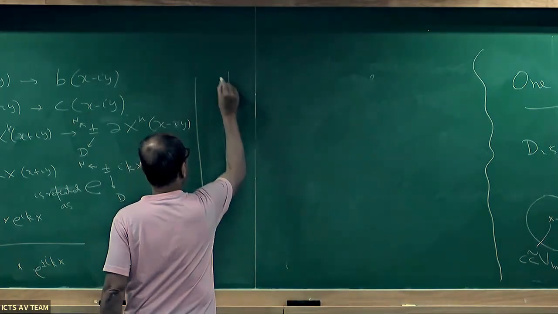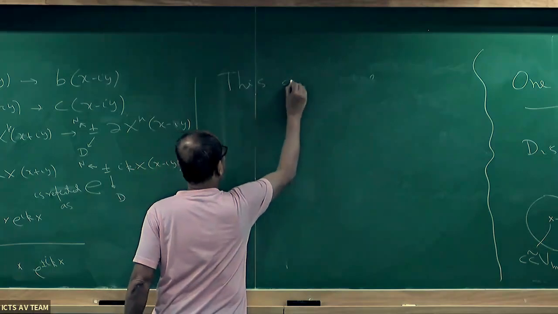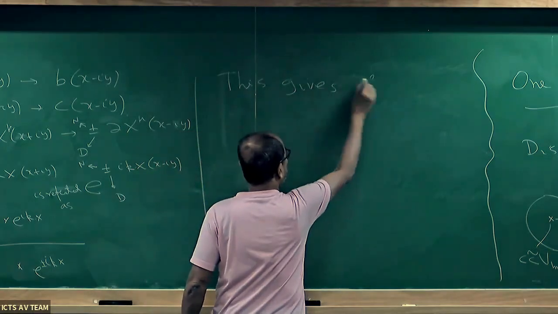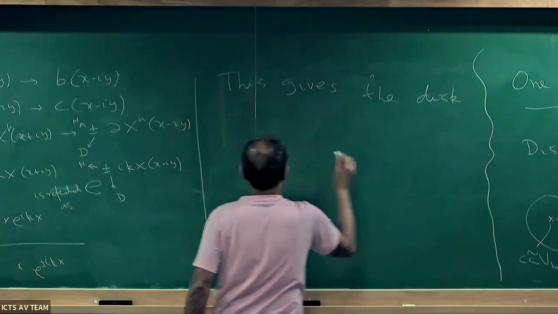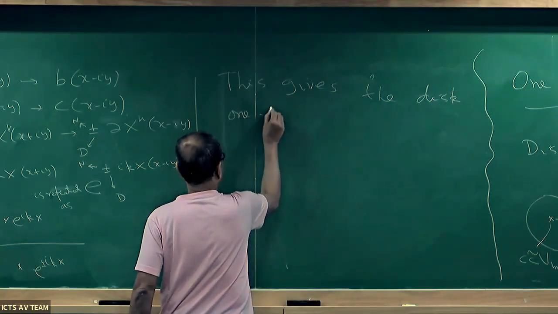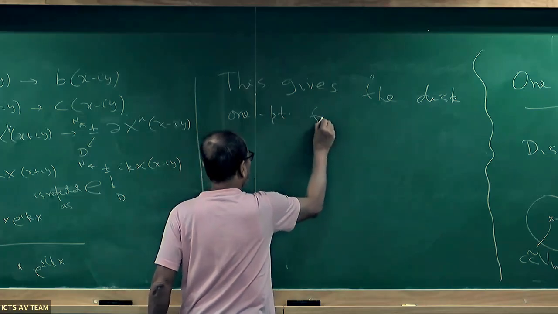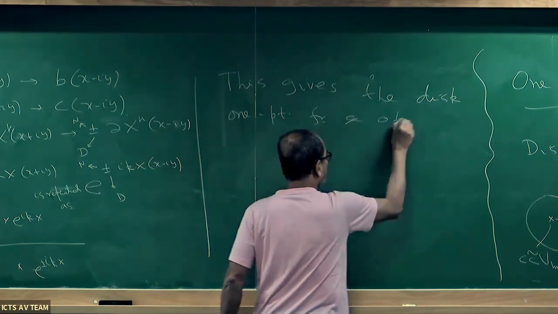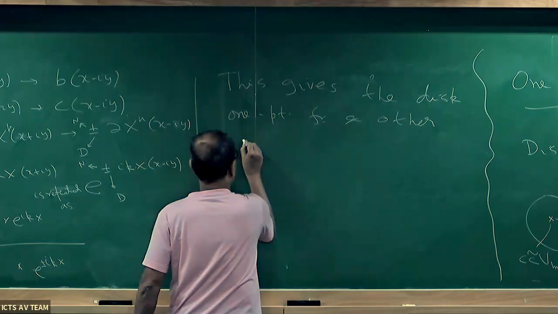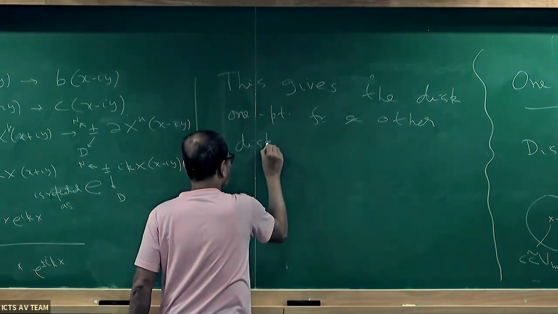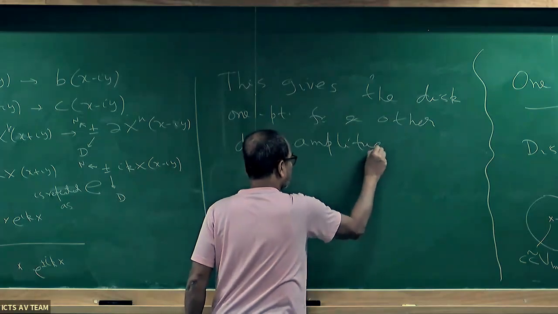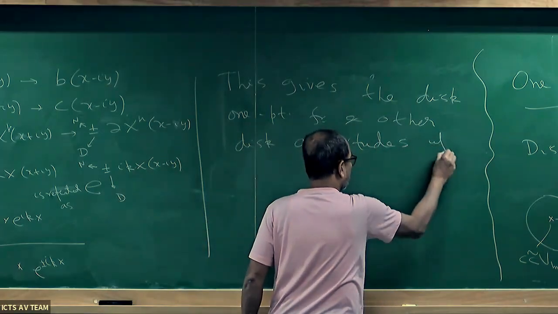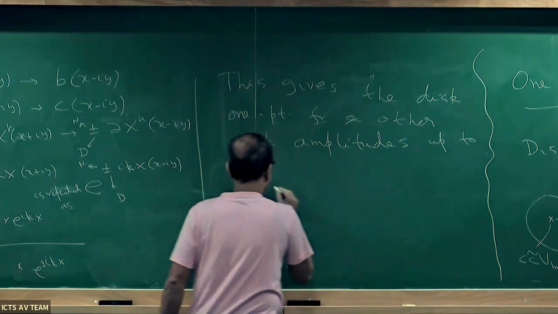So this gives the disk one-point function, or in fact other amplitudes also, and other disk amplitudes, up to an overall normalization.